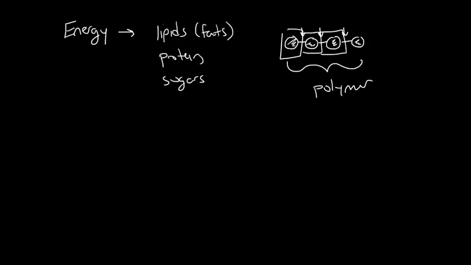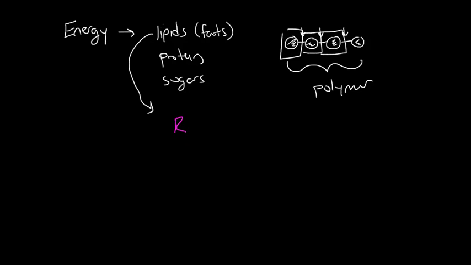In the case of lipids, in the case of fats, the bond that's formed is an ester. We know that esters involve some sort of hydrocarbon chain, which I'm going to abbreviate as an R here. R could be any number of different hydrocarbon chains.